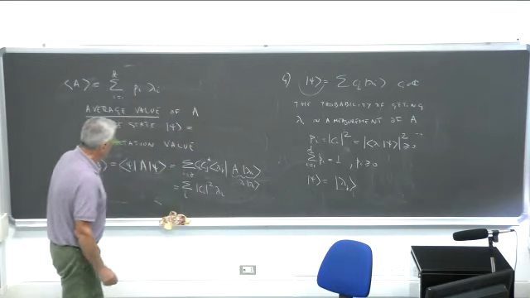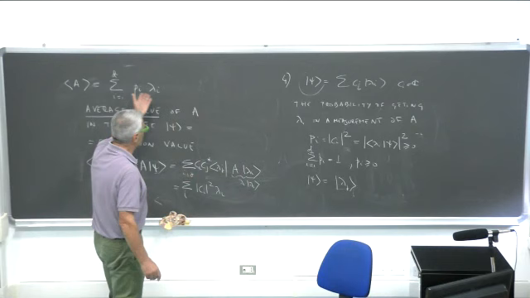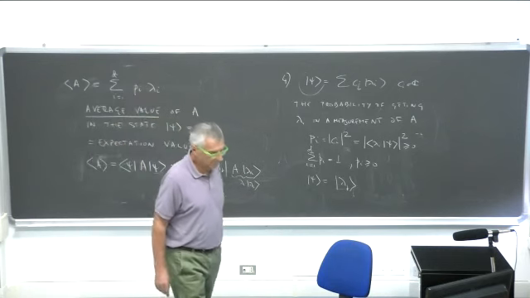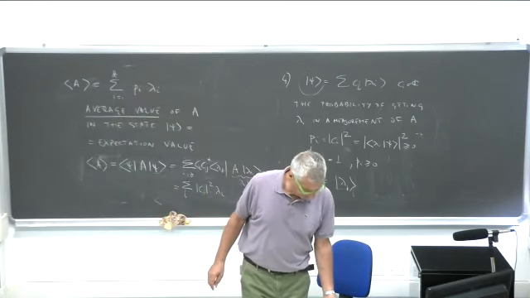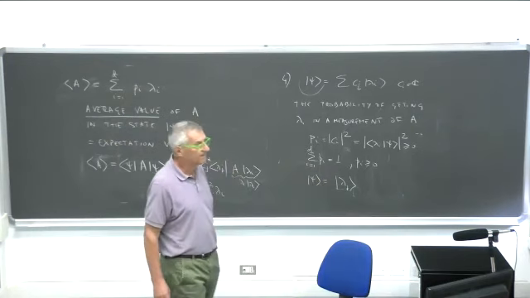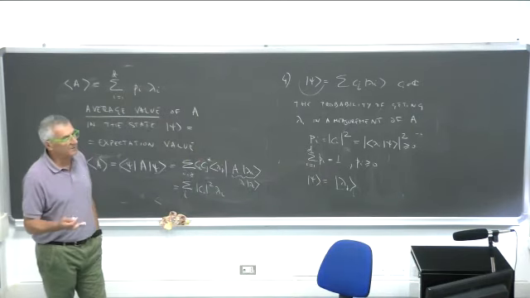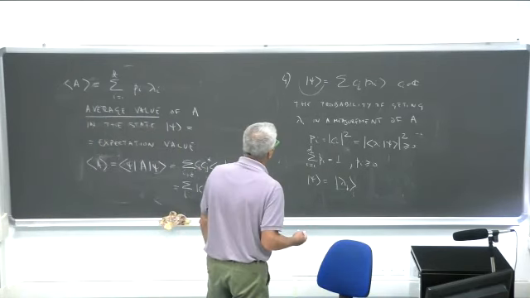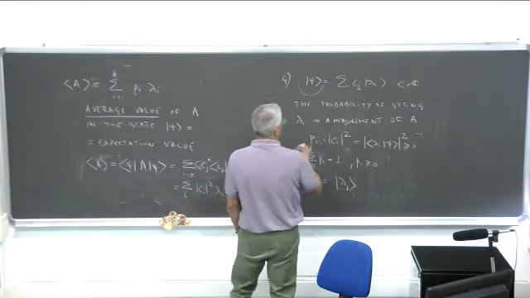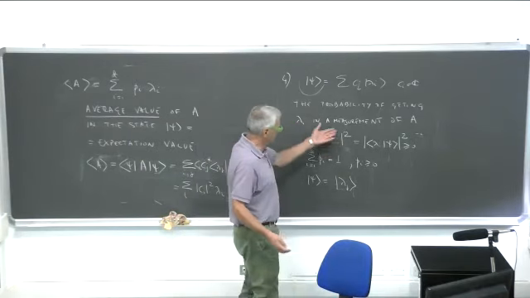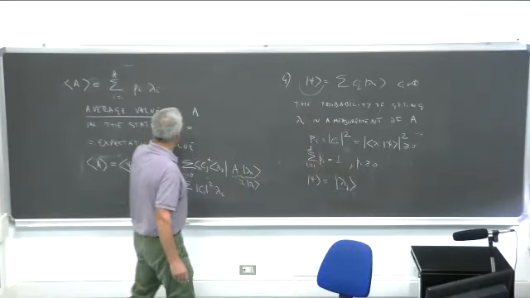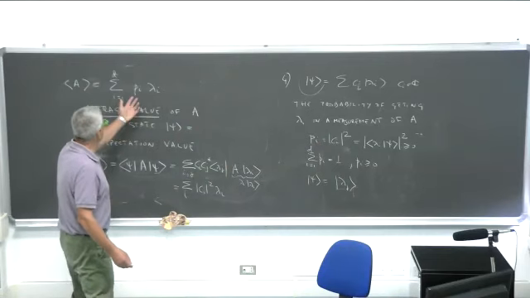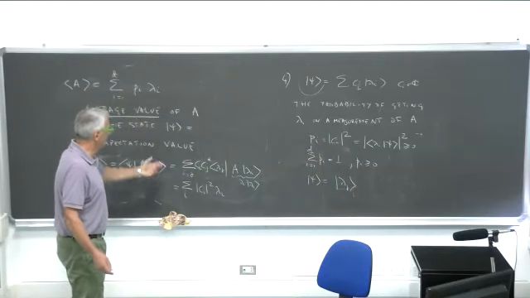But Ci modulo square is Pi, so we recover this expression. So these are the quantities that have physical meaning, because the probabilities have physical meaning in the sense that I explained, and the average values are related to the probabilities and eigenvalues, so they have physical meaning.